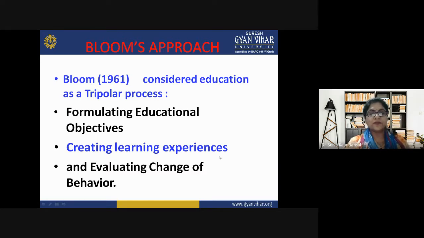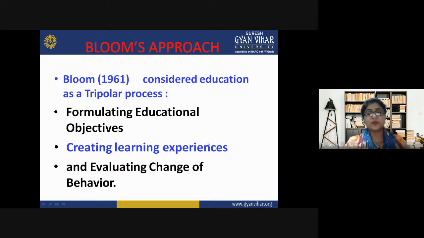So now we are going to see how Bloom is formulating educational objectives. Educational objectives are framed according to those domains: cognitive, affective, and psychomotor. Then creating learning experiences, how you are going to create learning experiences in the classroom on the basis of those objectives.